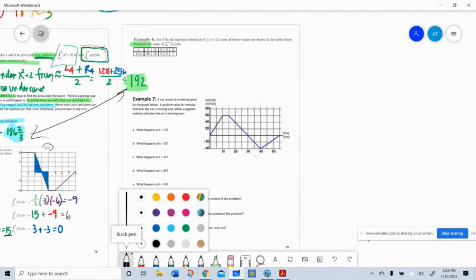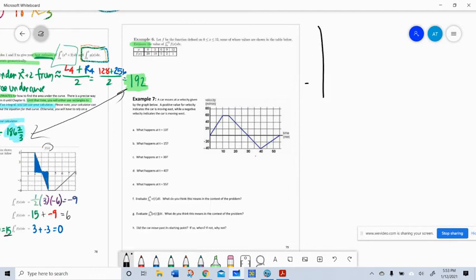So we're going to have a table of values here, x, and then f of x, of course. And x is going to go from 0 to 12. And f of x is going to go from 20 down to 1.